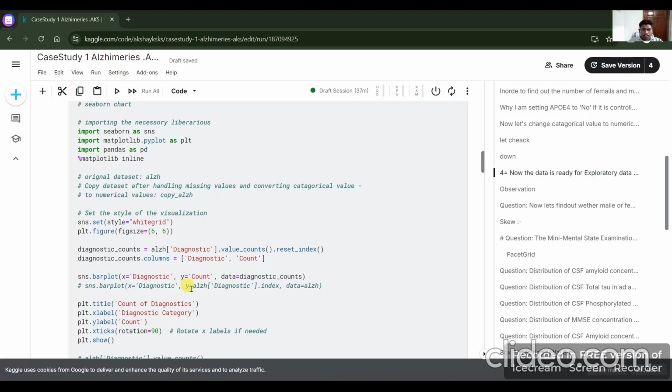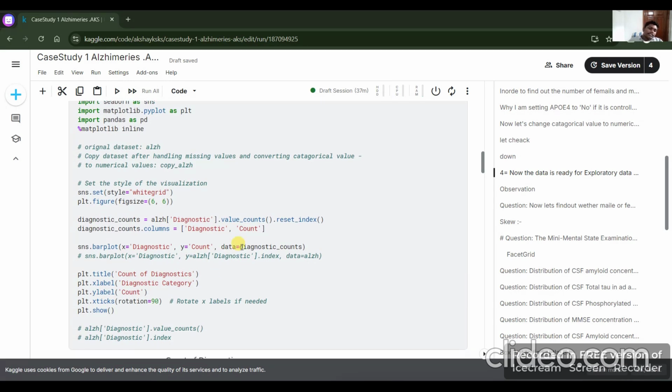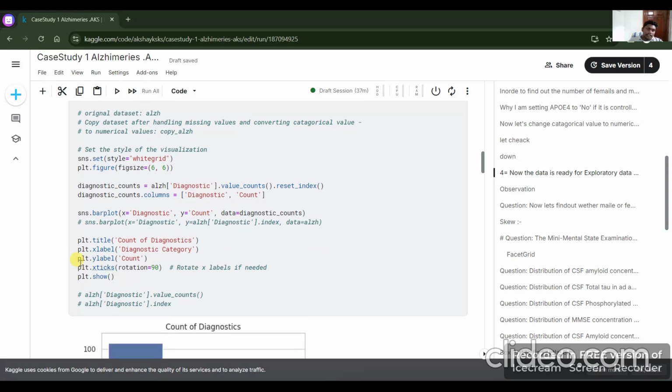sns.barplot with x equal to diagnostics and y equal to count. Title: Alzheimer's Disease Index Dataset, count of diagnosis. X label is diagnostic category, y label is count, x ticks rotation is equal to 45.